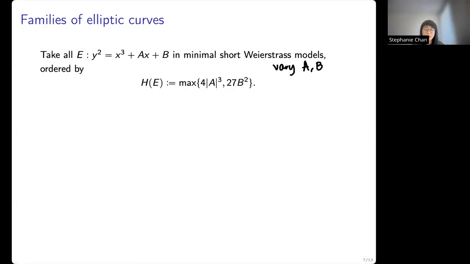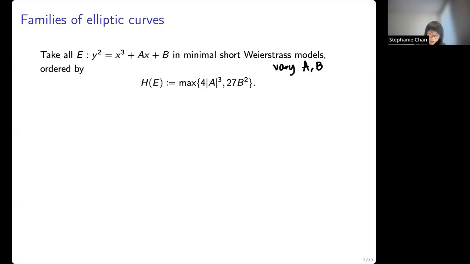Of course, it's also natural to ask if we can order them by discriminant or by conductor, but it's usually harder to do any ordering other than the naive height. So let's just stick with the naive height for now.